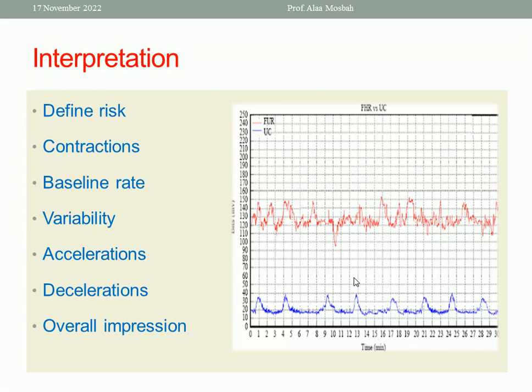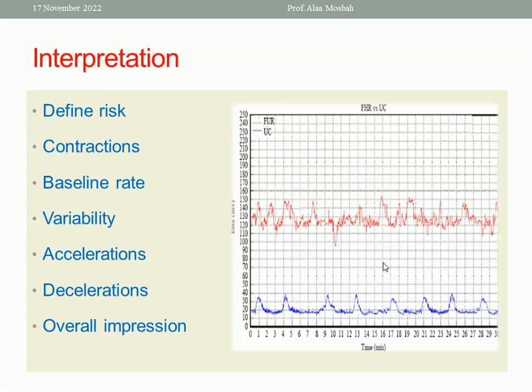By the way, one of the ominous signs in CTG is the sinusoidal pattern. There is no beat-to-beat variability like this one, just waves, 2 to 5 cycles per minute, and this is a very dangerous sign, but may happen in a physiological case, like some suckling.